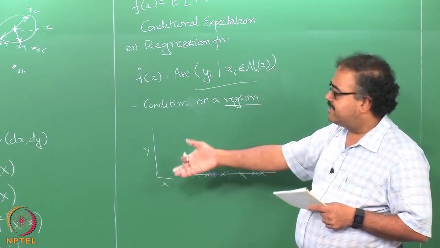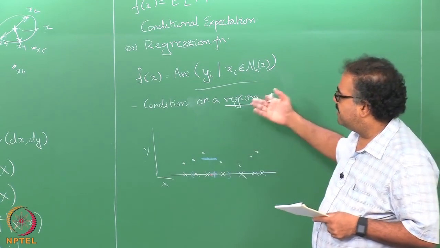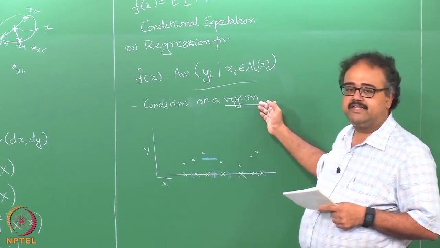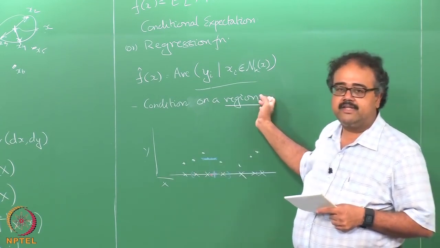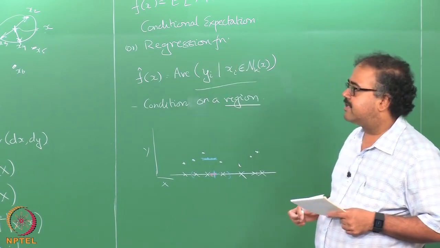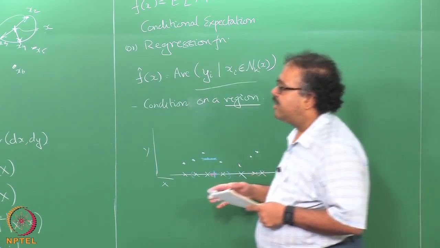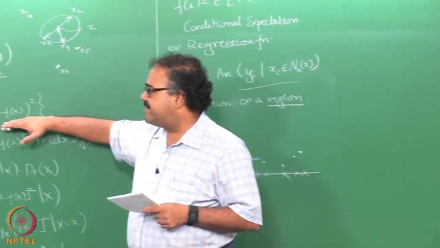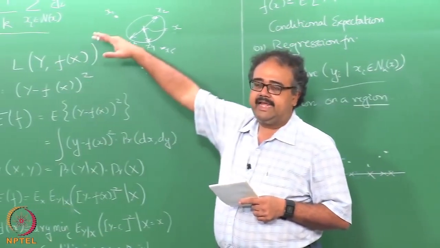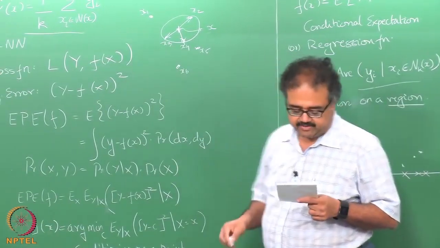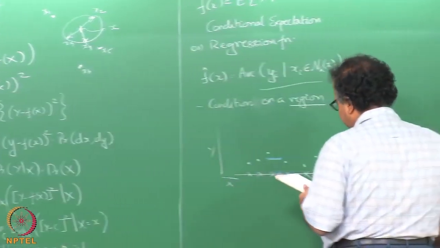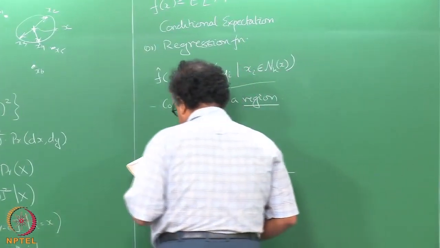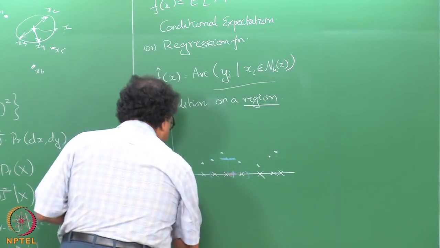So, relaxing conditioning at the data point to conditioning on a region gives us nearest neighbor classifiers. In some sense you can argue that one way of minimizing the expected prediction error yields a nearest neighbor classifier.